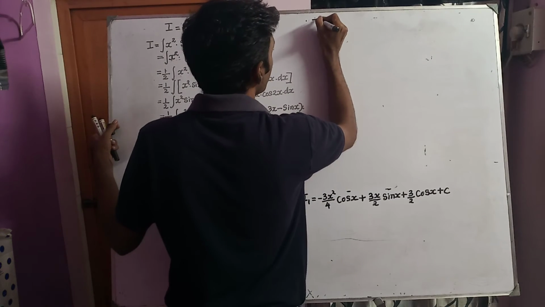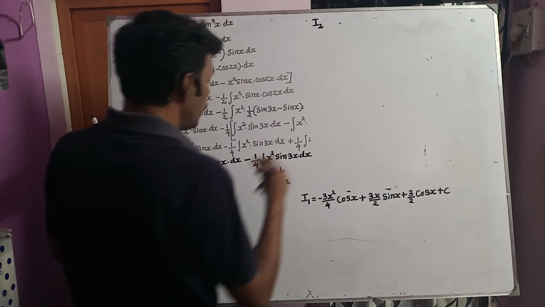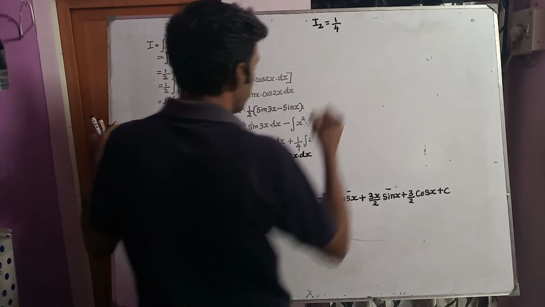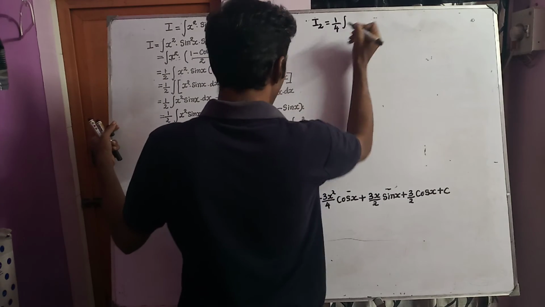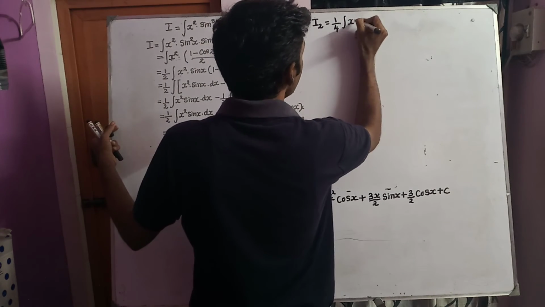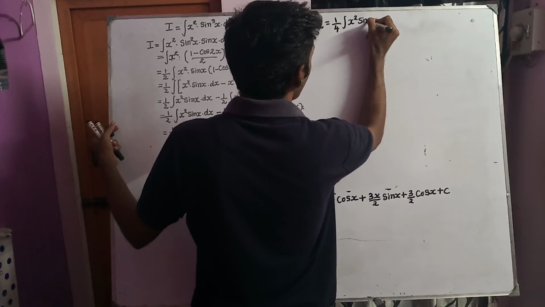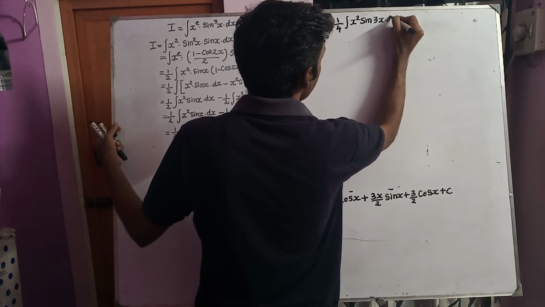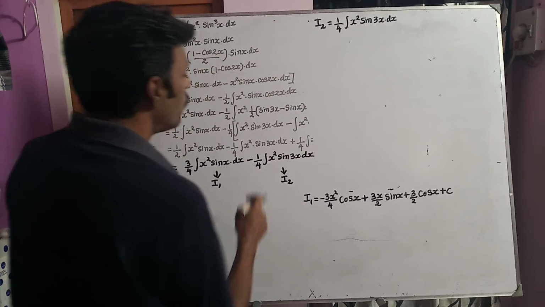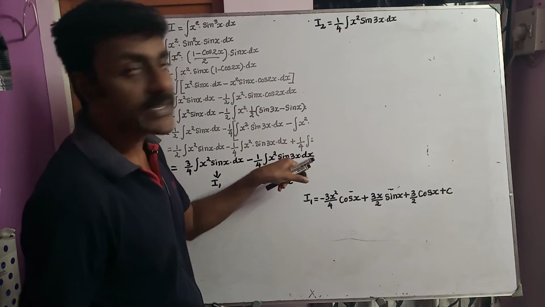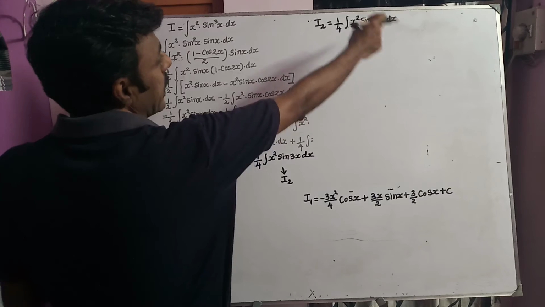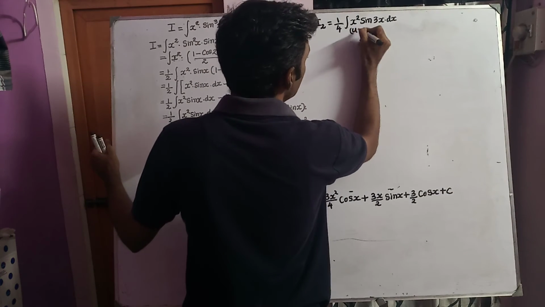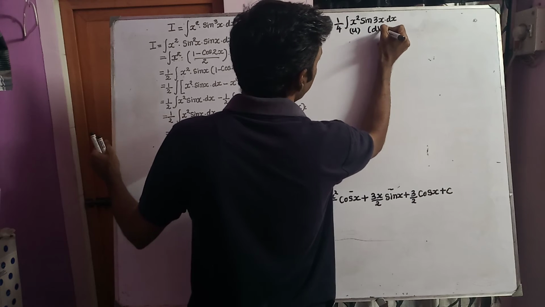So integral I2 will be equal to 1 divided by 4 into integral of x squared into sine 3x into dx. Now I am going to evaluate this integral. So this one I will take as u and this one I will take as dv.